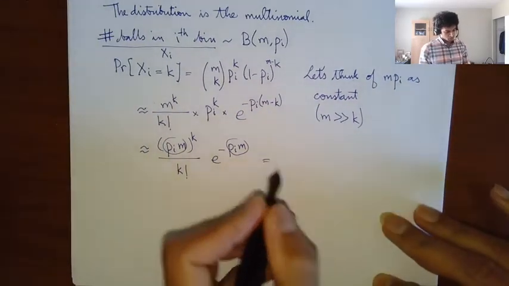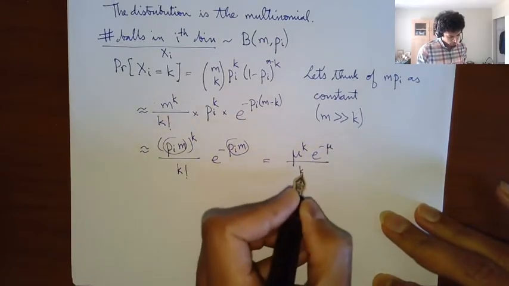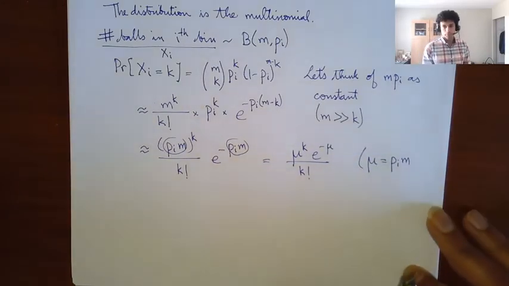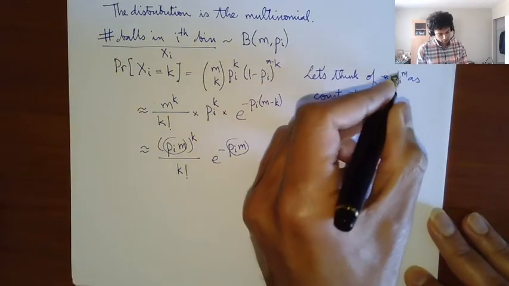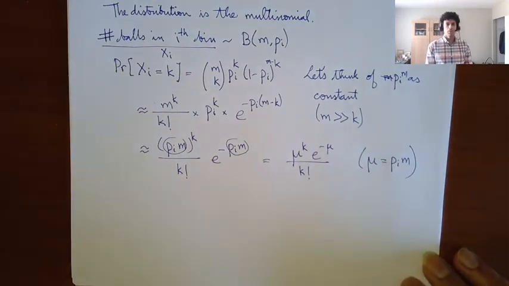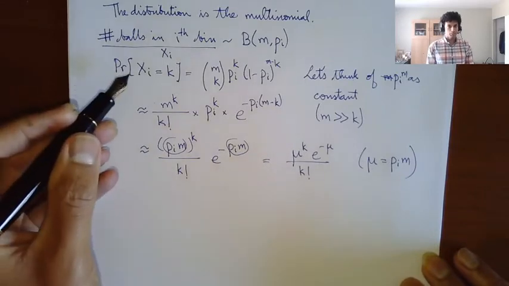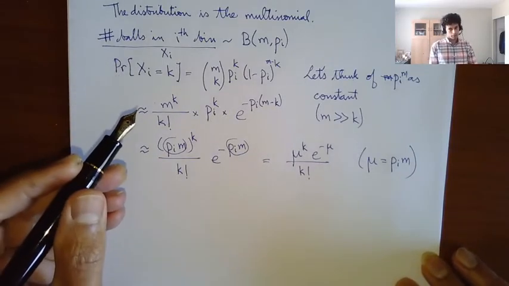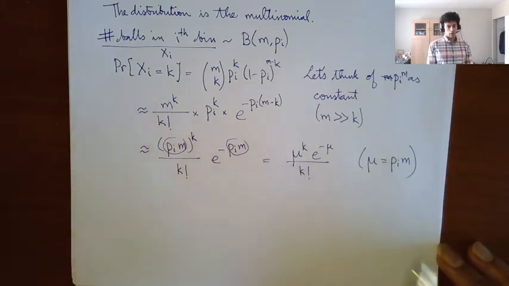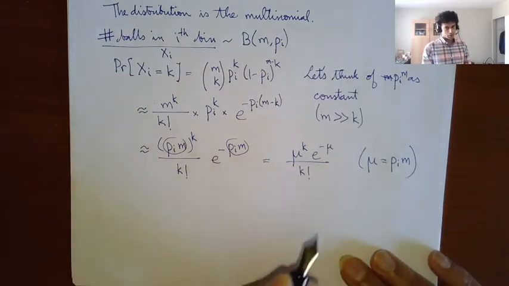So we can write this as mu to the k e to the minus mu divided by k factorial, where mu is pi times m. And so this is the expected number of successes. So mu is the expected number of balls that will fall in the ith bin, and the distribution is approximated by mu to the k e to the minus mu divided by k factorial, and this distribution is the Poisson distribution.